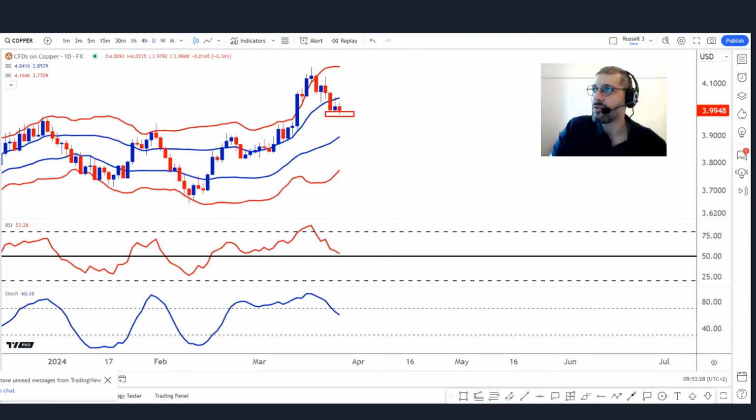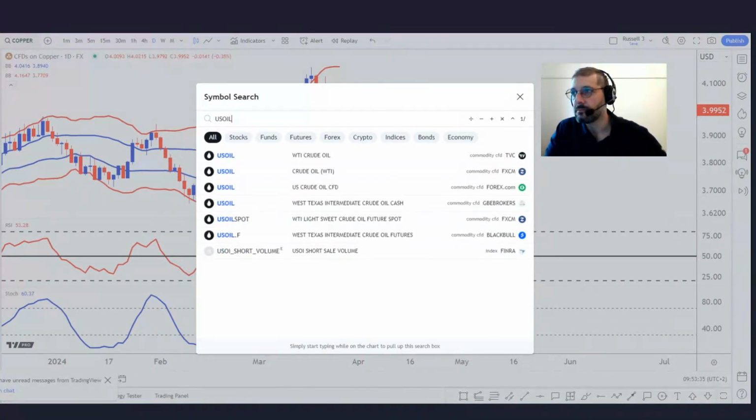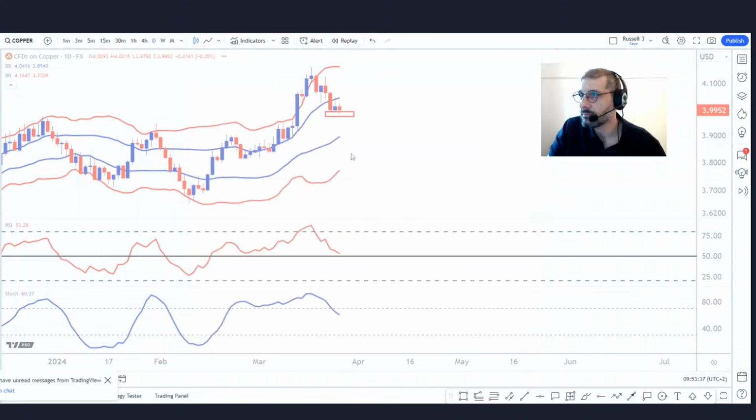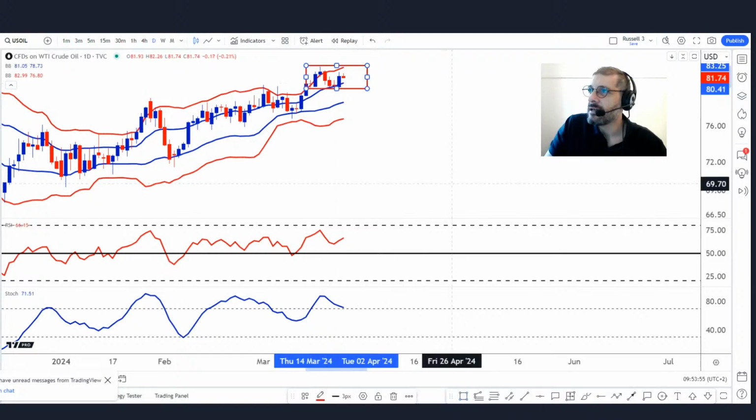Let's go down to the daily chart. Let's take a look here. All right. Here is US oil. It's in the top zone, zone 1.